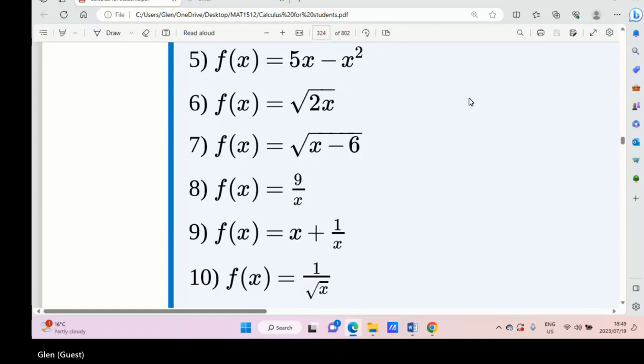I got 2 all over 2 root 2x. Yes, that's the same answer as 1 over the square root of 2x because the twos cancel. Think about it that way. Ask Busiso first. Yes, I agree, it's 1 over 2x.